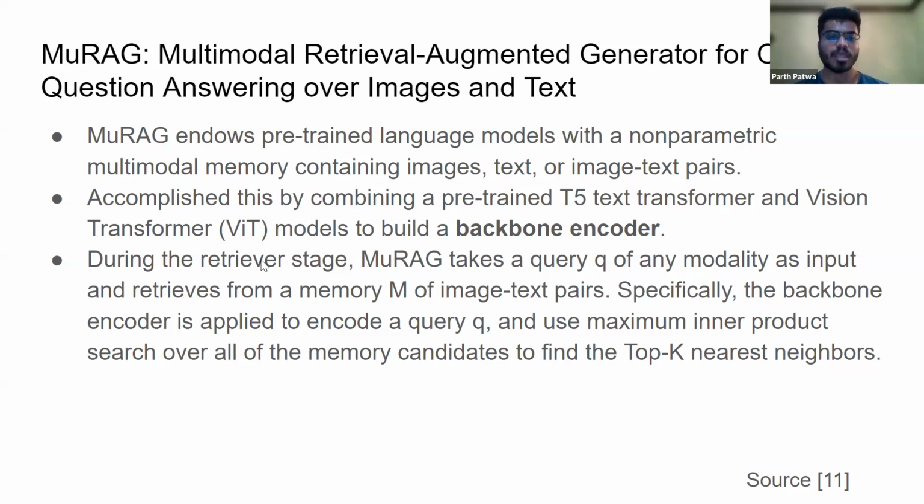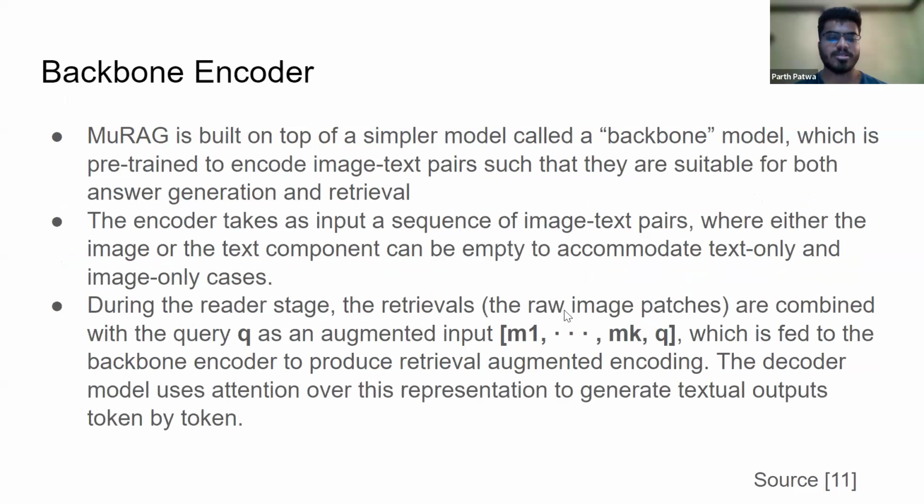And then during the retriever, we take a query and retrieve from the memory of image-text pairs using the backbone encoder. And those image-text pairs are used to generate our answer. So the encoder is quite important, because that helps us with the retriever.